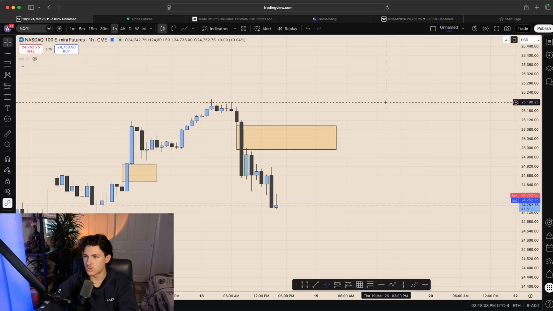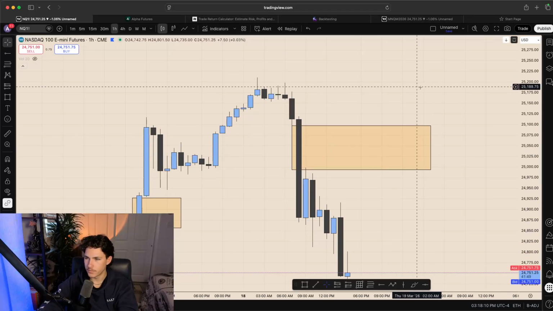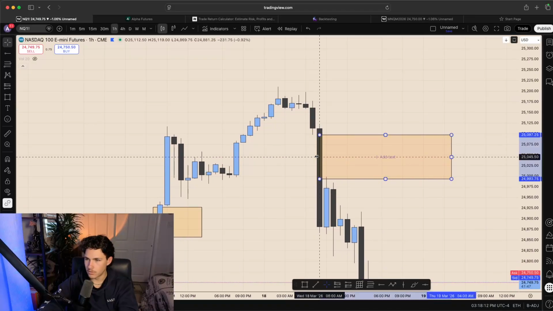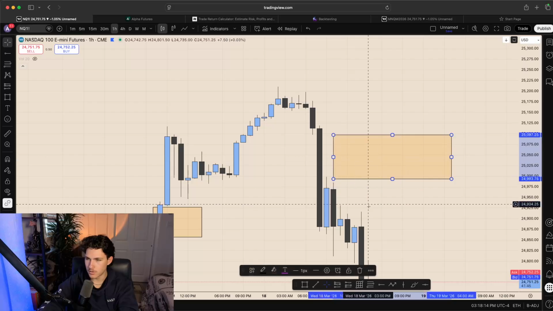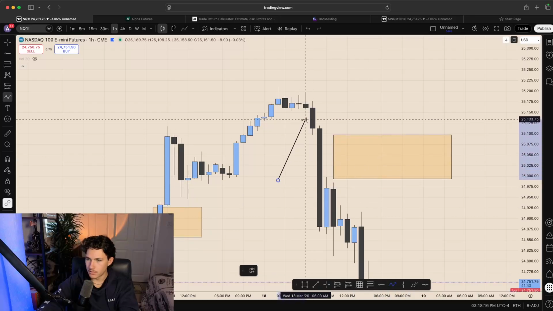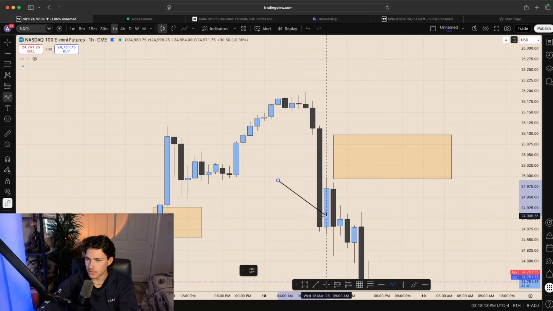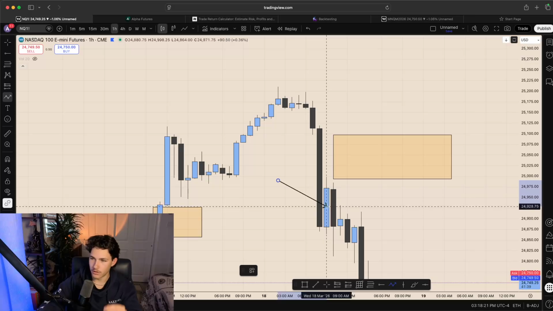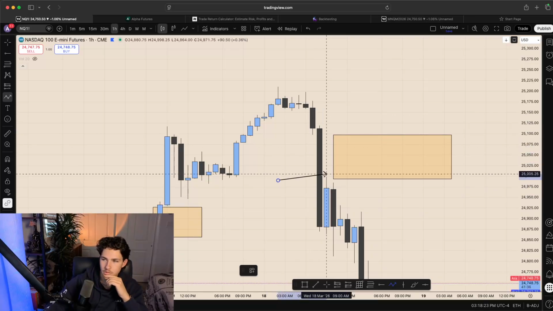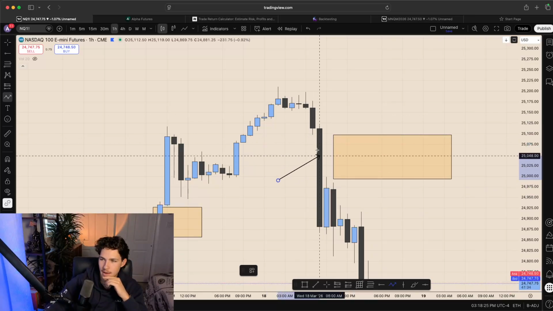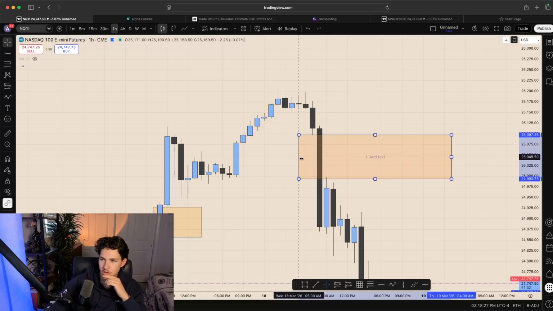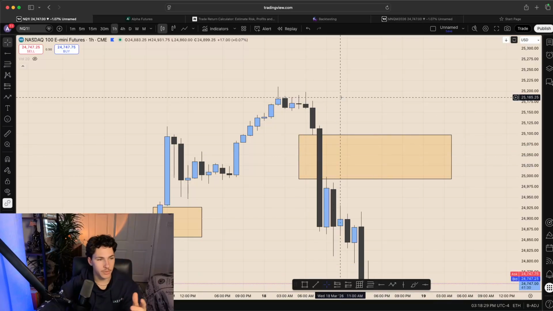Okay. Let's zoom in real quick. How did we find this? Let me get this line out of here so it doesn't mess you up. From this, we're looking at this candle, and this blue candle here. We have this wick and this wick. The gap in between is what our fair value gap would be.